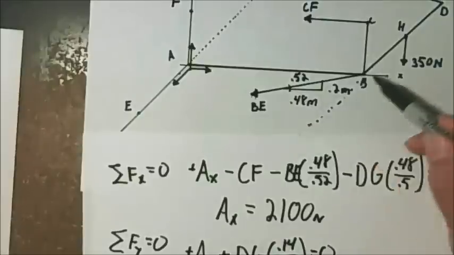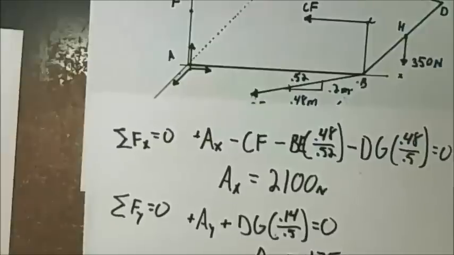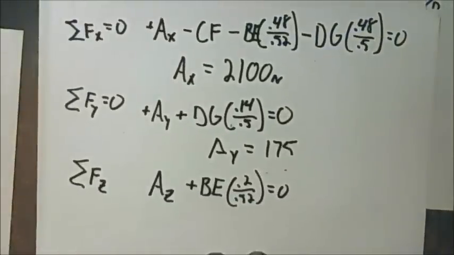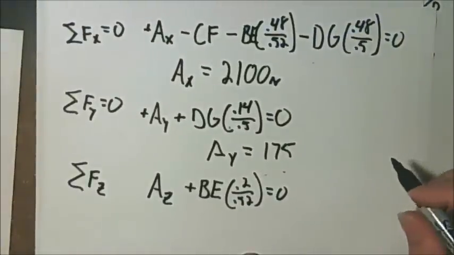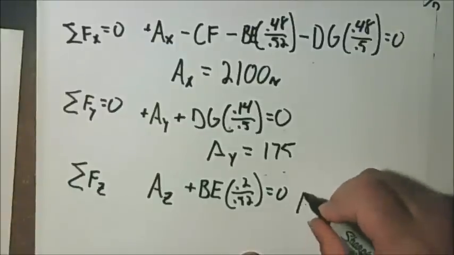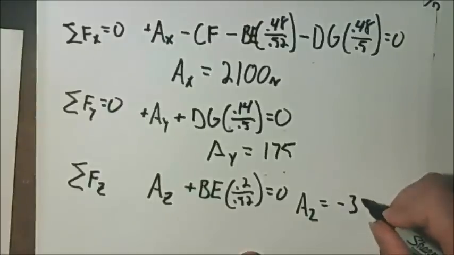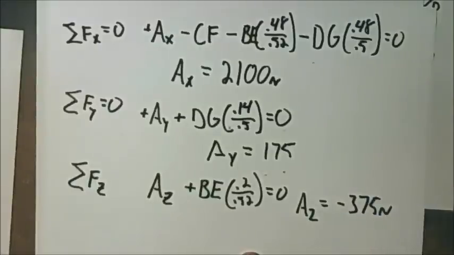And the Z component of cable BE will be positive BE times the sine, which is 0.2 over 0.52, equal to 0. And from that you can see that AZ equals a negative 375 newtons.